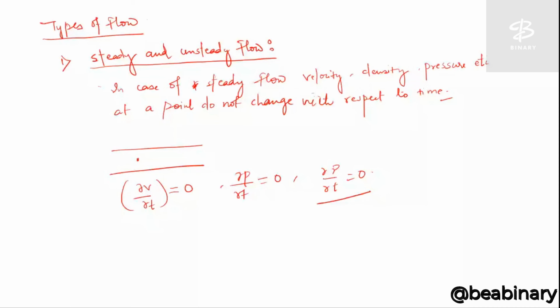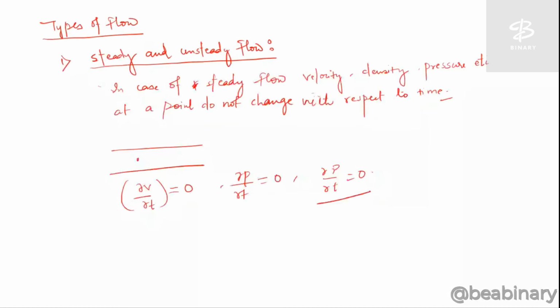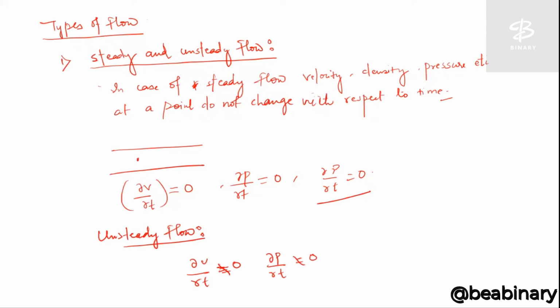So we can write in case of unsteady flow, del v by del t is not equal to 0, del p by del t is not equal to 0, and del rho by del t is not equal to 0. Okay.